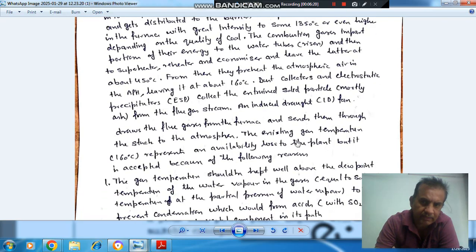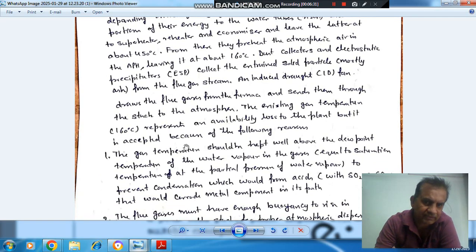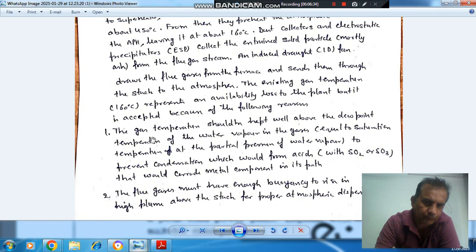The exiting gas temperature of about 160 degrees Celsius represents an availability loss to the plant, but it is required for creating the balanced draft. It is accepted for the following reasons. First, the gas temperature should be kept well above the dew point temperature of water vapor in the gases, or equal to the saturation temperature of the partial pressure of water vapor, to prevent condensation, which would form acid with SO2 or SO3.